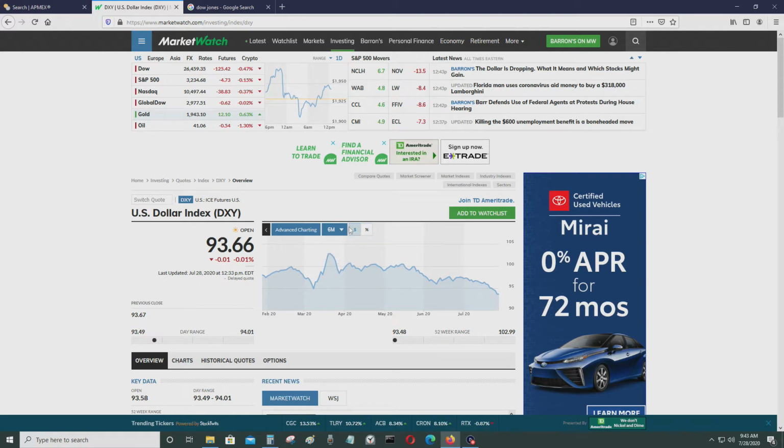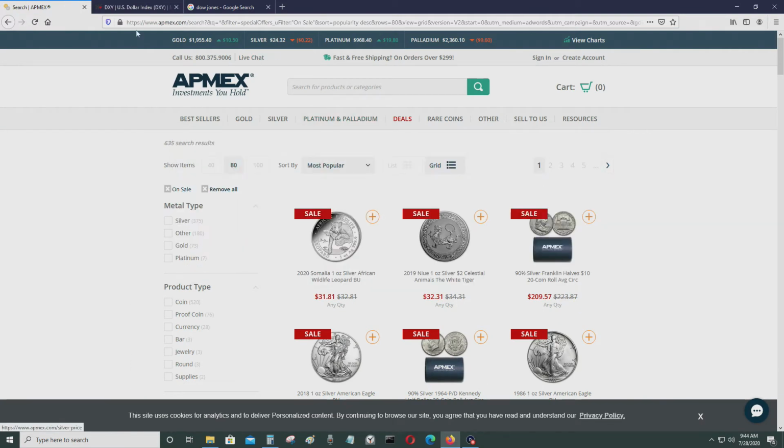So it kind of correlates: when the dollar index, or dollar value, drops, then you have inflation. That's what happens. But you can't entirely say that the price of gold is going up due to inflation, because there's also speculative demand, right? People who are speculating or investing are buying gold, and that's driving it up as well.